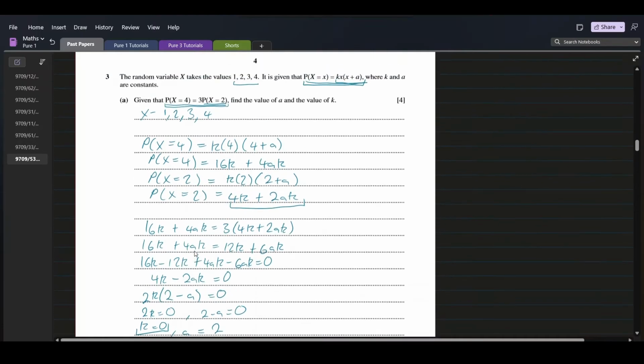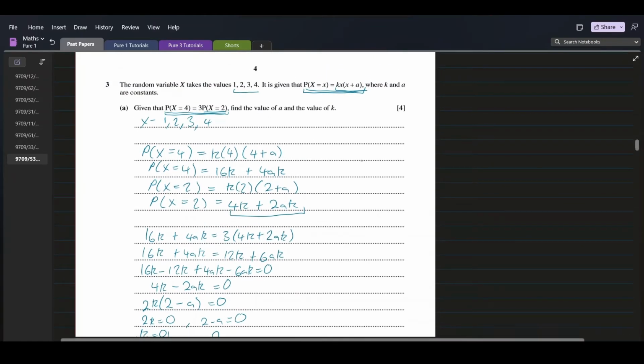And how we're going to do this is we're going to use the probabilities. We know that the probabilities that X is equal to x, the sum of all of them will add up to 1. So if we evaluate the probability that X is equal to 1, 2, 3, and 4, we should get 1. So we need to first find the probabilities in terms of k and a.